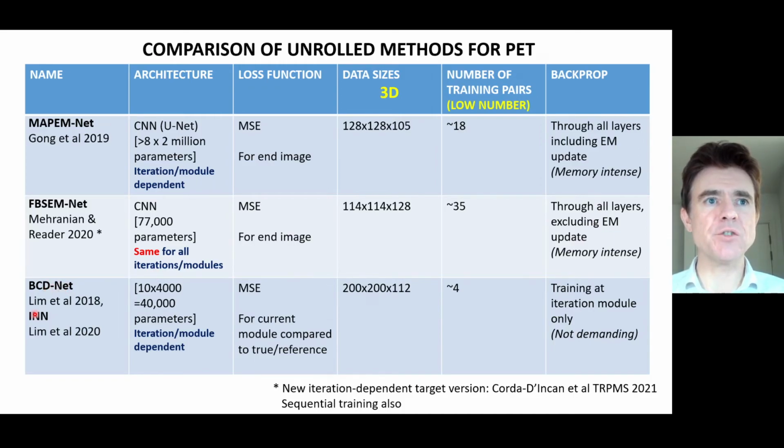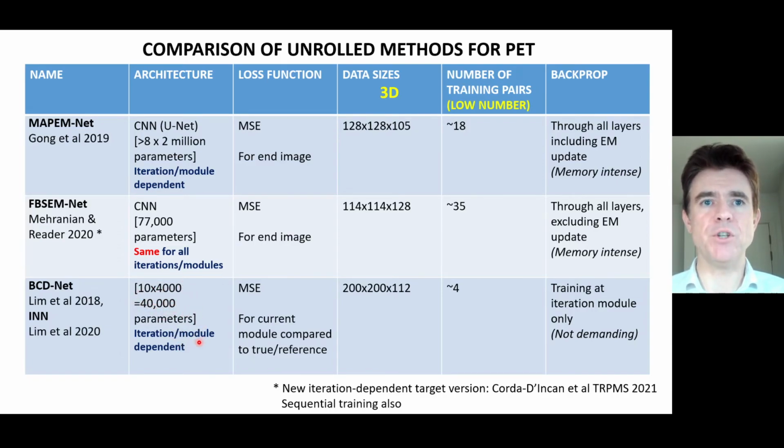Then there's BCDNet, or in fact more accurately the iterative neural network method, where they did use an iteration or module dependent network. It's like a kind of a convolutional encoder-decoder approach with a relatively limited number of parameters. Again, I think it's 4,000 parameters per network, and then 10 main modules of update gives them, for example, about 40,000 parameters.